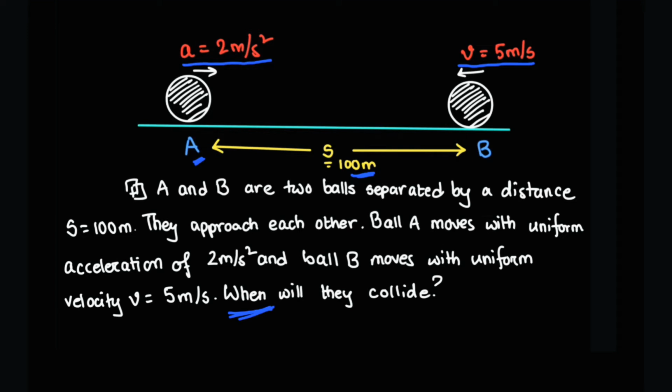So, the key to solving this problem is to understand that the question asks us for a particular time of when the balls will collide in their journey. So, let us consider that the two balls collide at a time t.